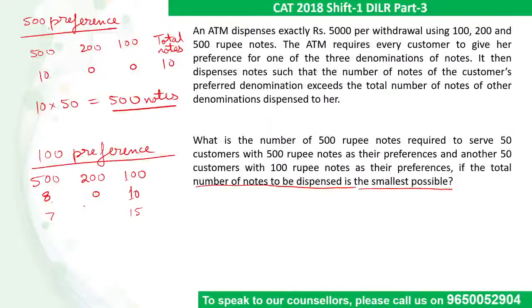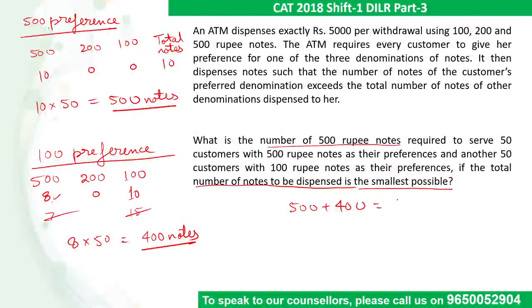Okay. So minimizing this will give me this scenario. Now, how many 500 rupee notes are needed in this case? 8 500 rupee notes into 50 customers. That is 400 notes. The question is, what is the number of 500 rupee notes, right? So the required number is 500 plus 400, that is 900 notes.